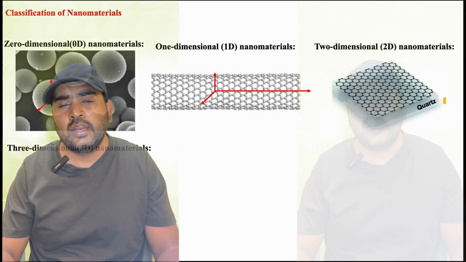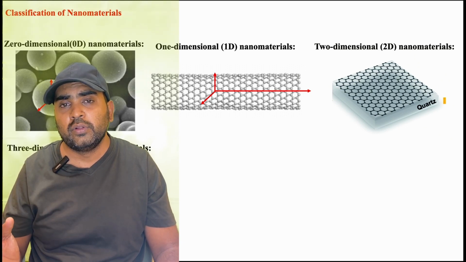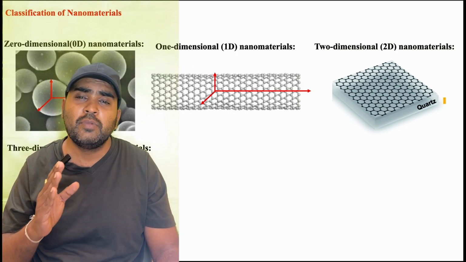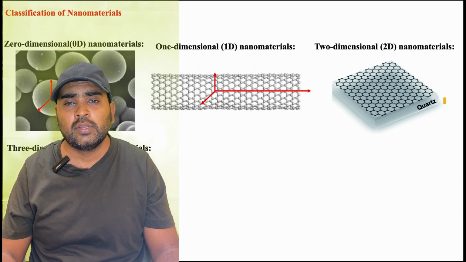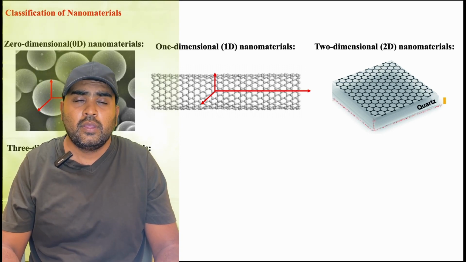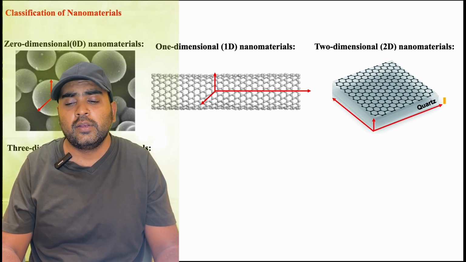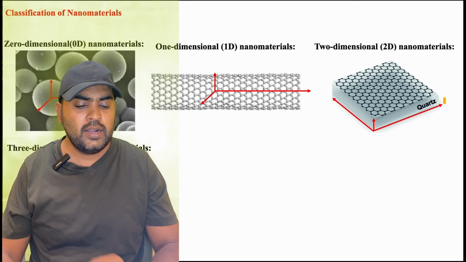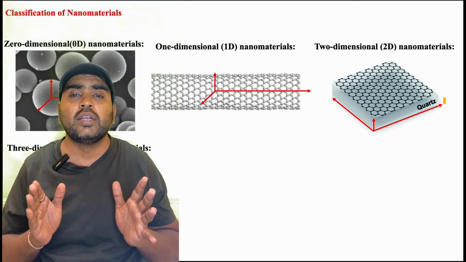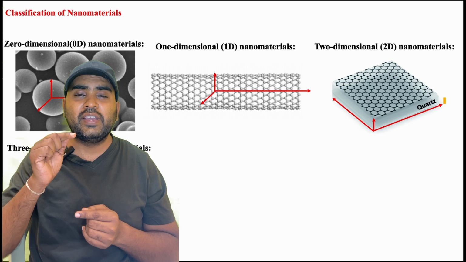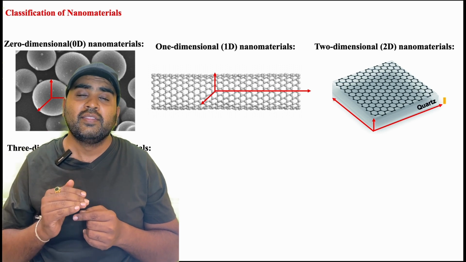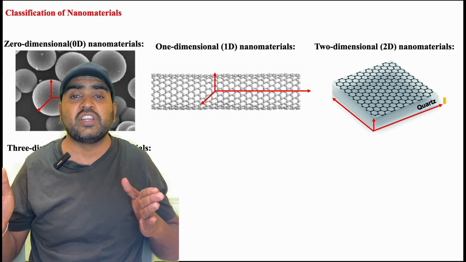Understand? Now, let us see the third one, which is the two-dimensional nanophase figure. In this type of design, x-axis and z-axis are not under nanophase. Only the y-axis is under nanophase. That's why we got a nano sheet.